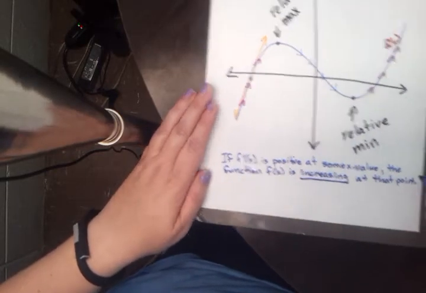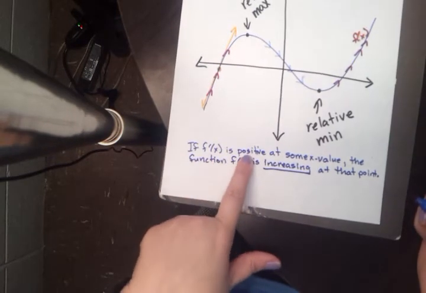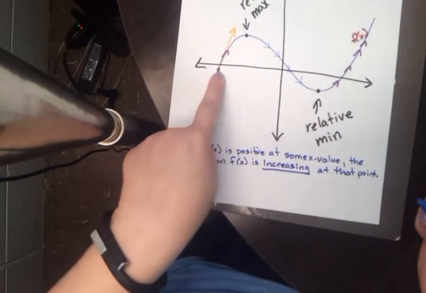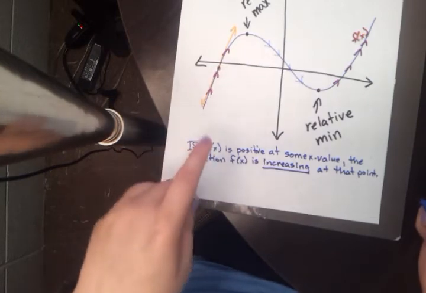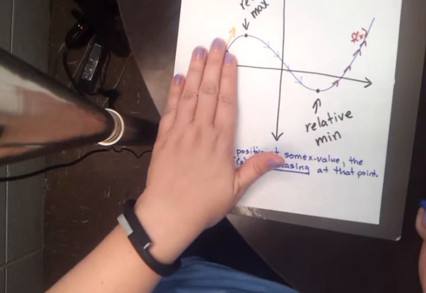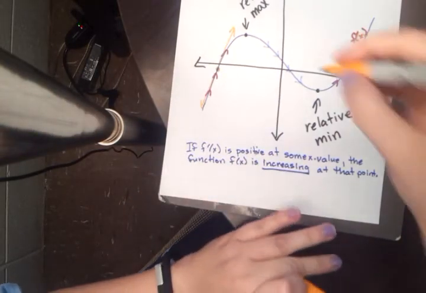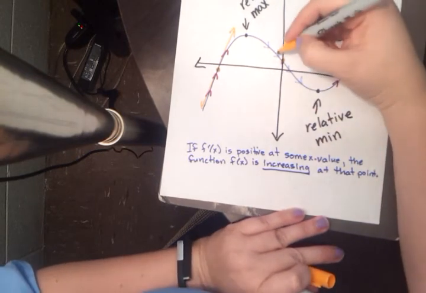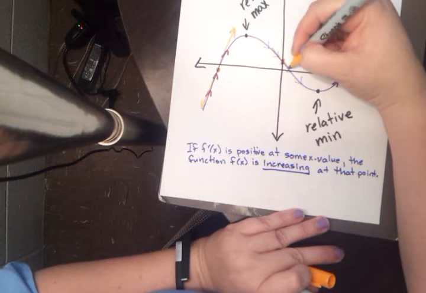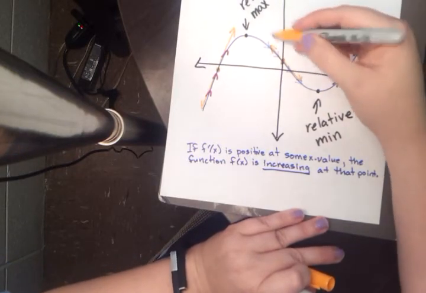All right, so make sure we can see it. If f prime of x is positive at some x value, you plug in whatever that x value was to your function and you get a positive number out of it, that means that at that point the function is increasing, okay? If I asked you to plug it in at x equals 0 here, your tangent line is going to be negative, right?